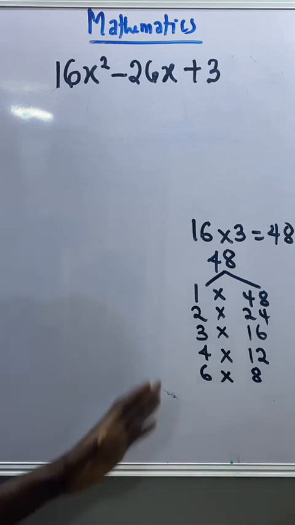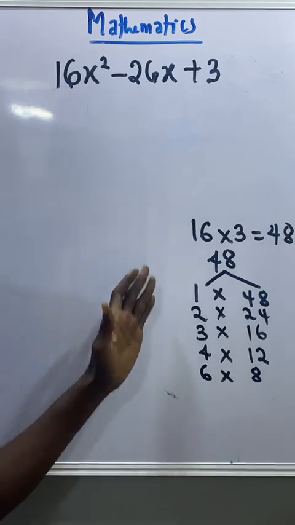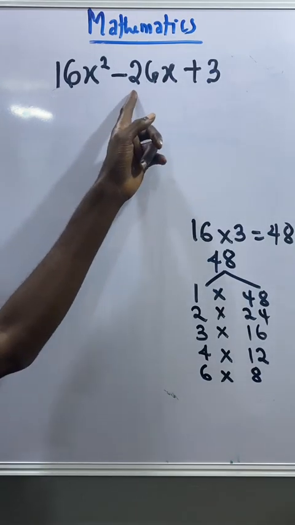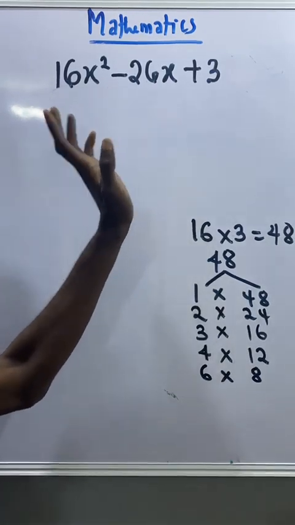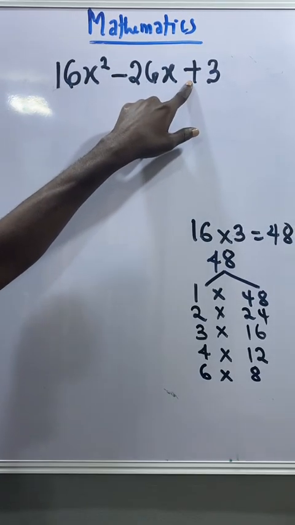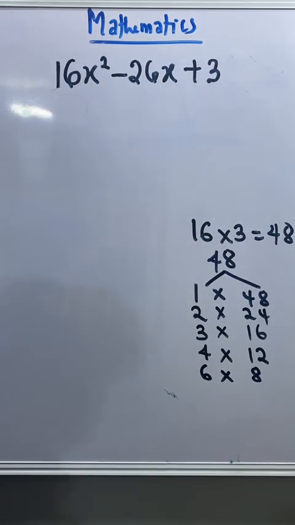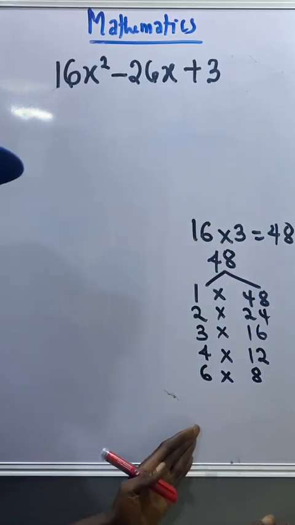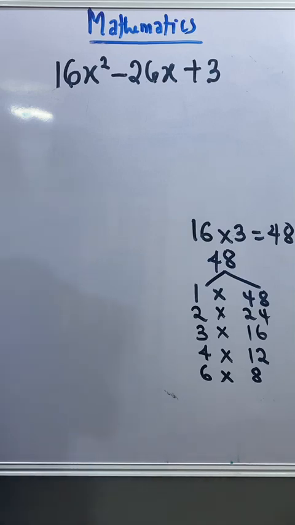Now, out of all of these factor pairs, which one can produce 26? Since the middle is negative and the last is positive, the two numbers that we are using out of this must be negative.